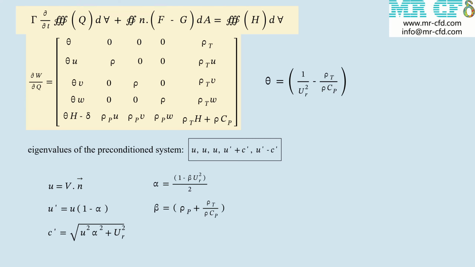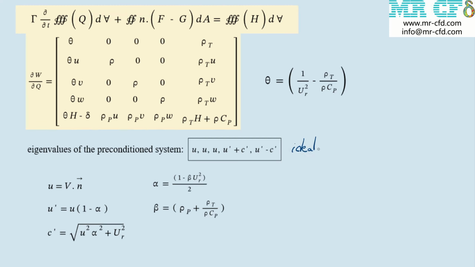Consider an ideal gas where the equation of state is given by ρ equals P divided by RT, where ρ is the density, P is the pressure, R is the specific gas constant, and T is the temperature. We can then find the derivatives of density with respect to pressure and temperature.